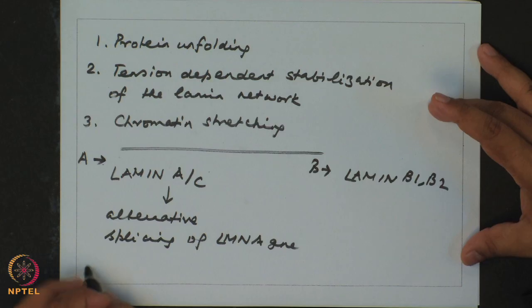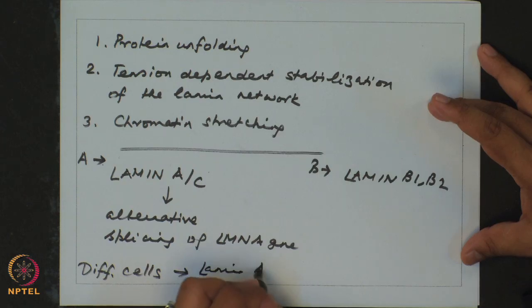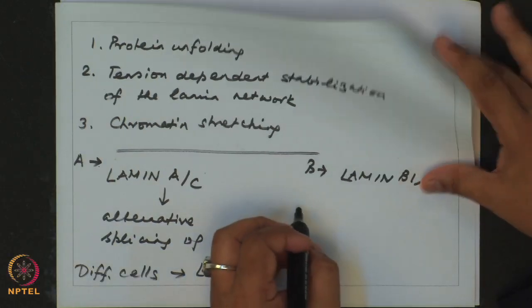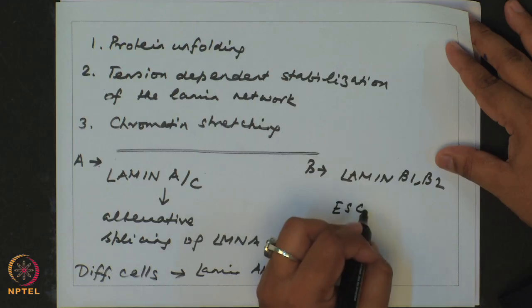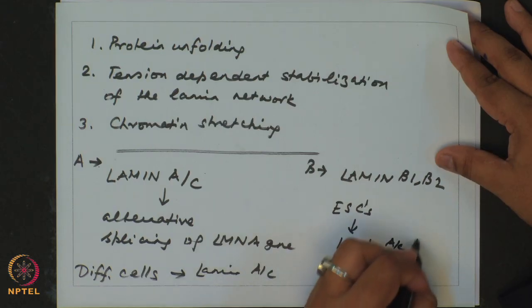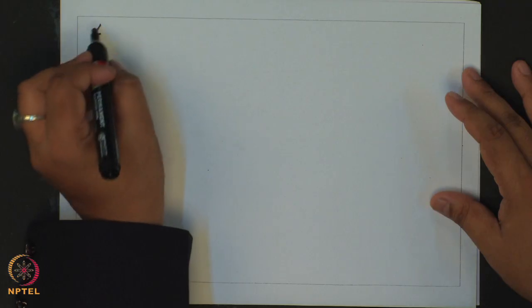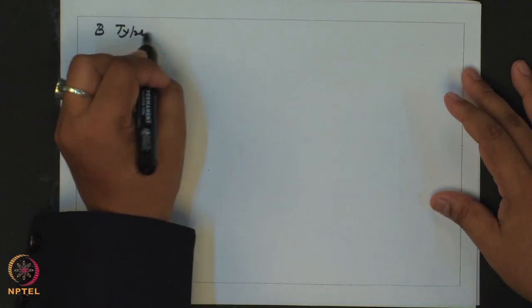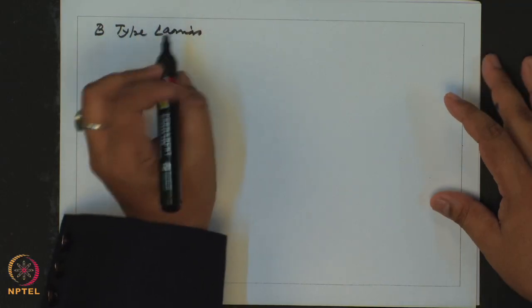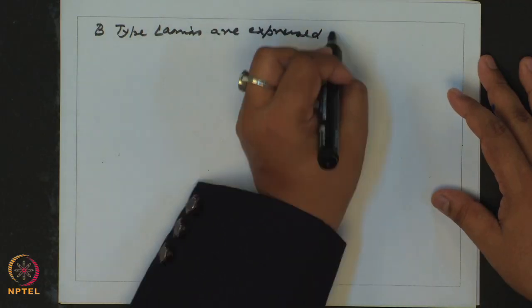So, most differentiated cells express lamin A/C. And in stem cells, for example, in embryonic stem cells, lamin A/C is very low, negligible. So, it has been demonstrated that B type lamins are expressed during development.